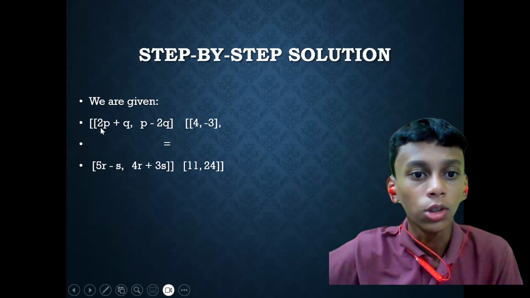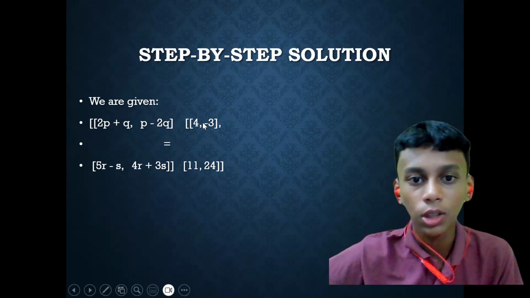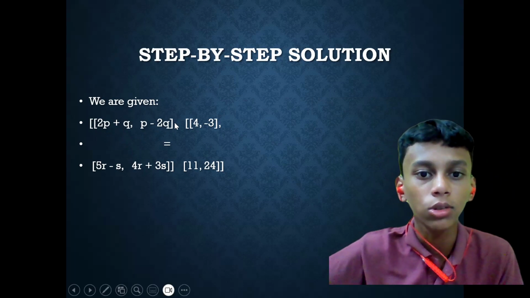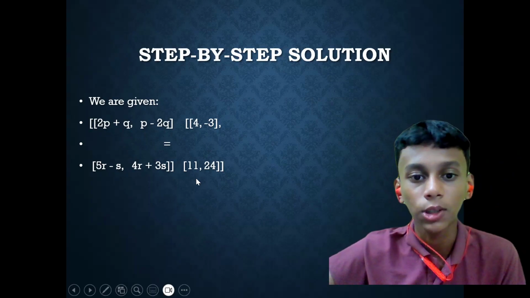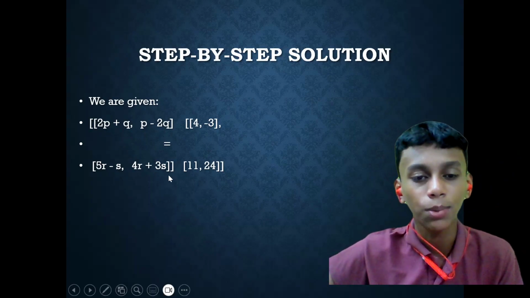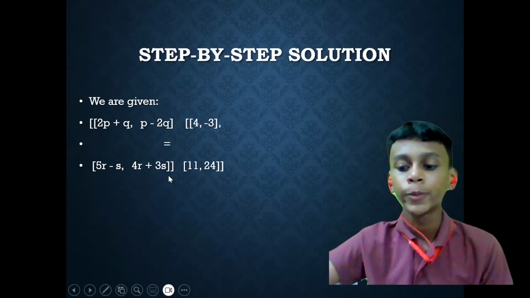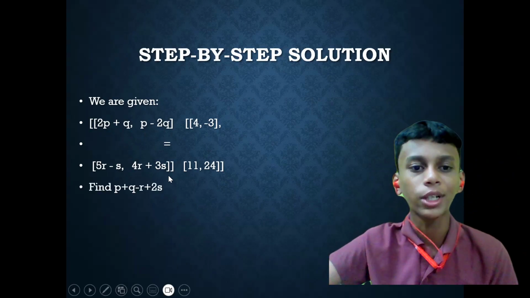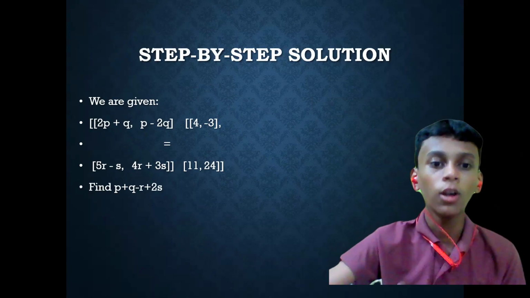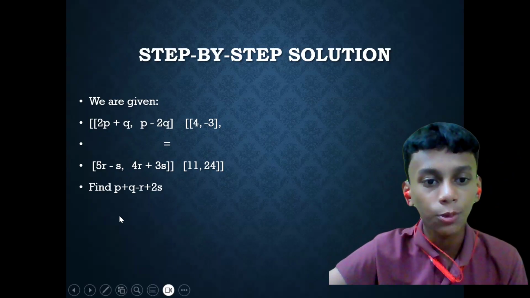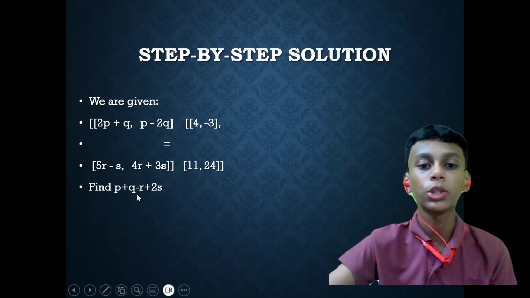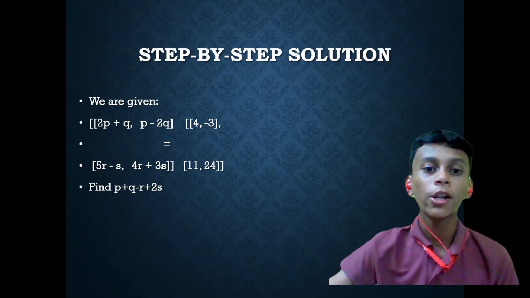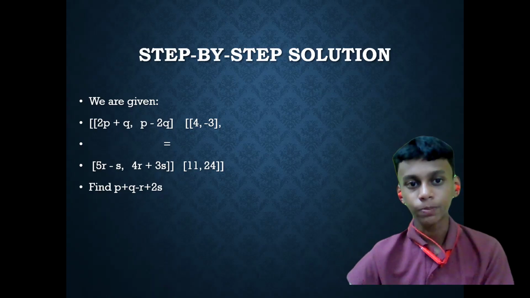So 2p plus q is equal to 4 and p minus 2q is equal to minus 3. 5r minus s is equal to 11. 4r plus 3s is equal to 24. Now, what we should find is all the variables, plus the value of p plus q minus r plus 2s. So now I will be teaching you how to solve this.